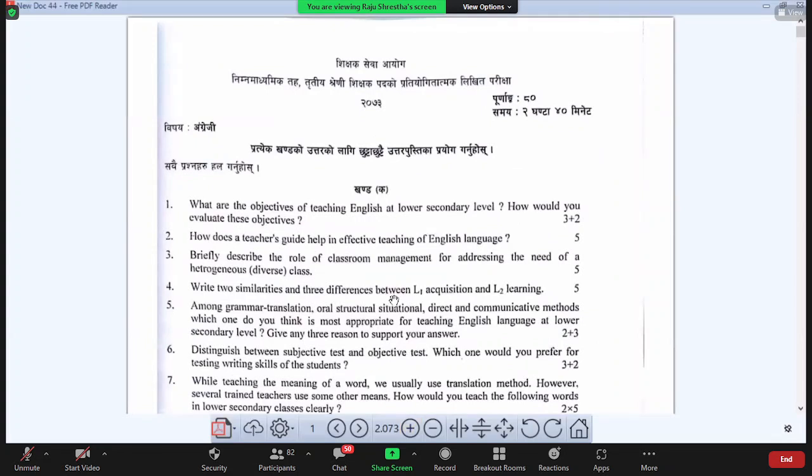What are the objectives of teaching English at lower secondary level? How would you evaluate these objectives? Briefly describe the role of classroom management. Differentiate among grammar translation, oral structural situation, direct and communicative methods. Which one do you think is most appropriate for teaching language at lower secondary level? Support.